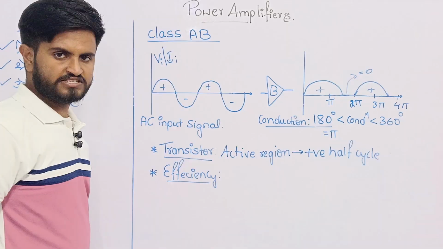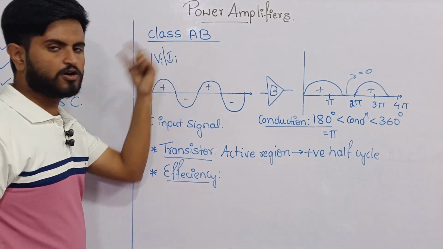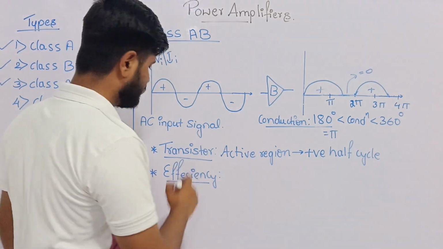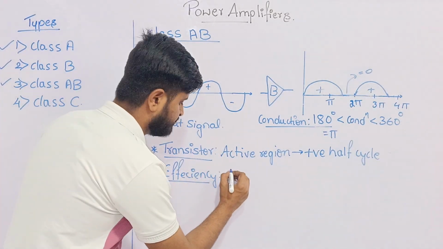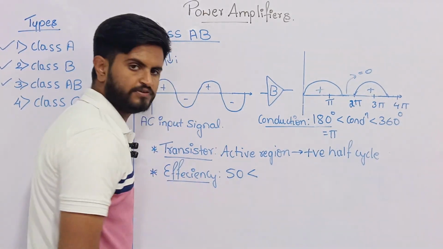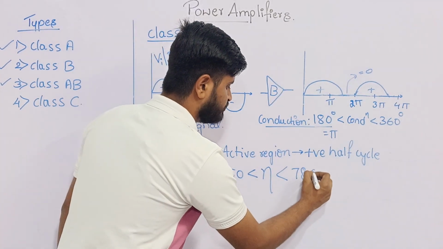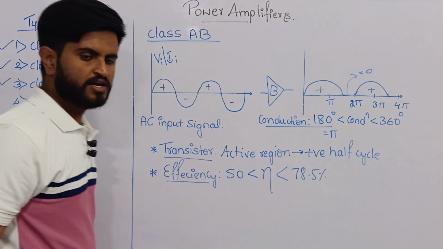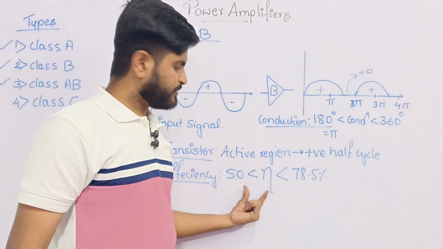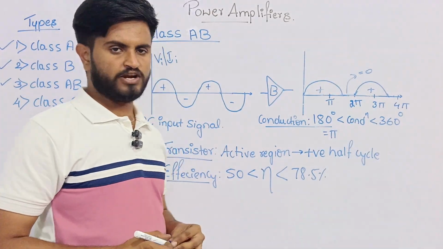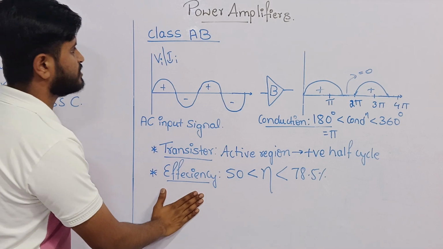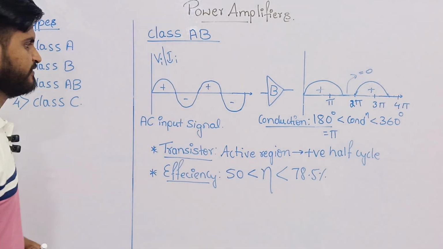If we see the efficiency, since it is a combination of A and B, efficiency will also be between them only. So it will be greater than 50% and less than 78.5% for the class AB power amplifier.